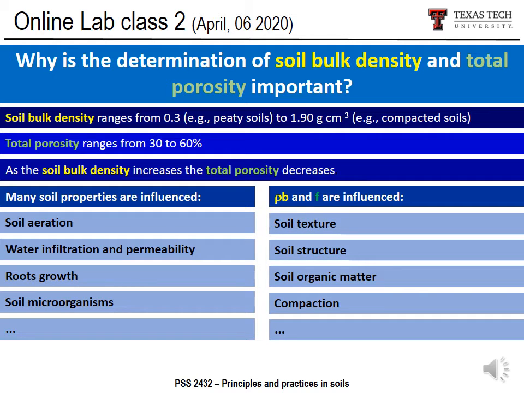As you know, we have soils with different soil texture, clay soils, sandy soils, all right, remember? And also we have soils with different soil structure, granular structure, block structure, okay, and soil organic matter, and some soils impacted by compaction. Okay, that's it. Let's go.